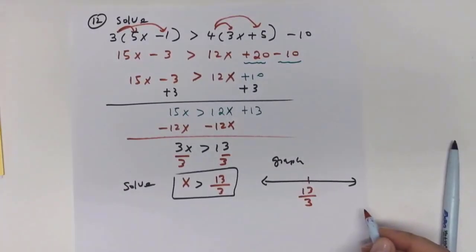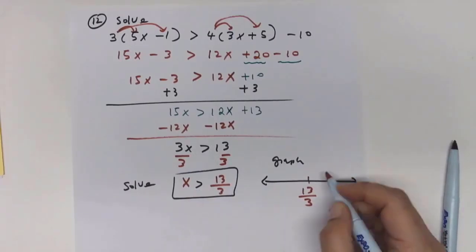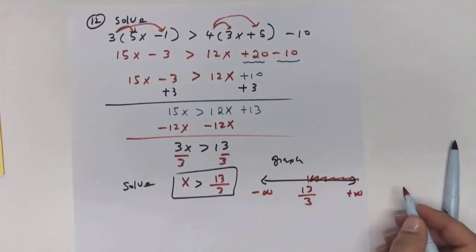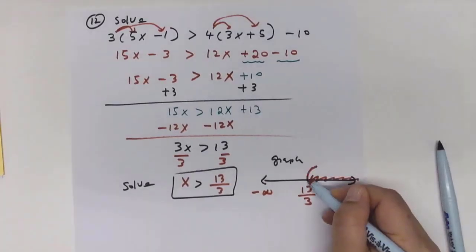This time we're going to shade to the right side, to all the big numbers toward infinity, and then close that with a parenthesis because no equal, right?